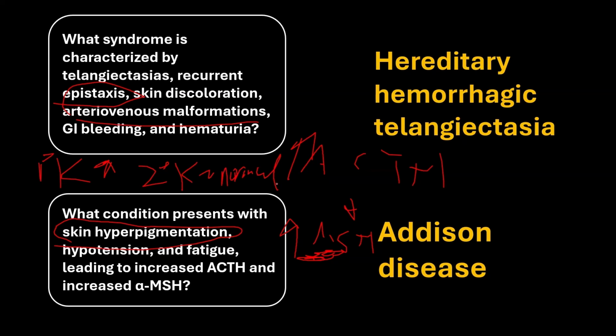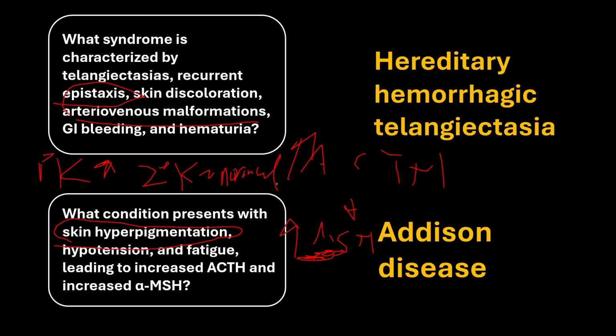And the cause of secondary adrenal insufficiency is because of a deficit in what hormone? ACTH, exactly. So primary adrenal insufficiency, you have an issue of the adrenal gland itself. So you have increased ACTH and you get skin hyperpigmentation and your potassium will be high.